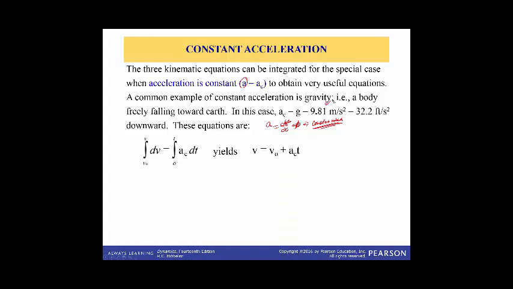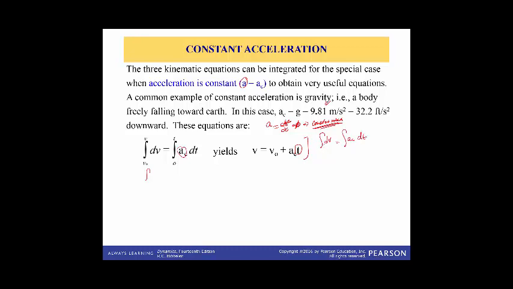If we have constant acceleration, then when you integrate a constant number, what you get is t. So you'll have to review some of those expressions. Let me just rewrite this. dv equals ac dt.